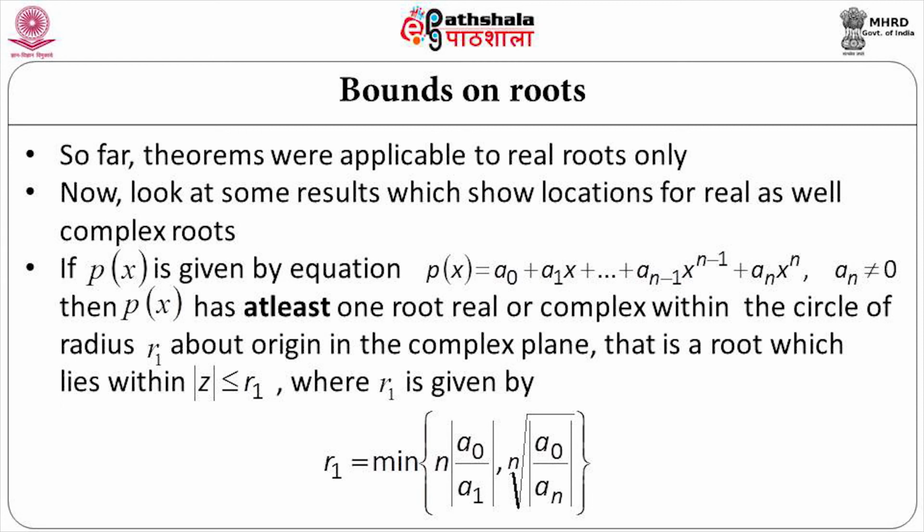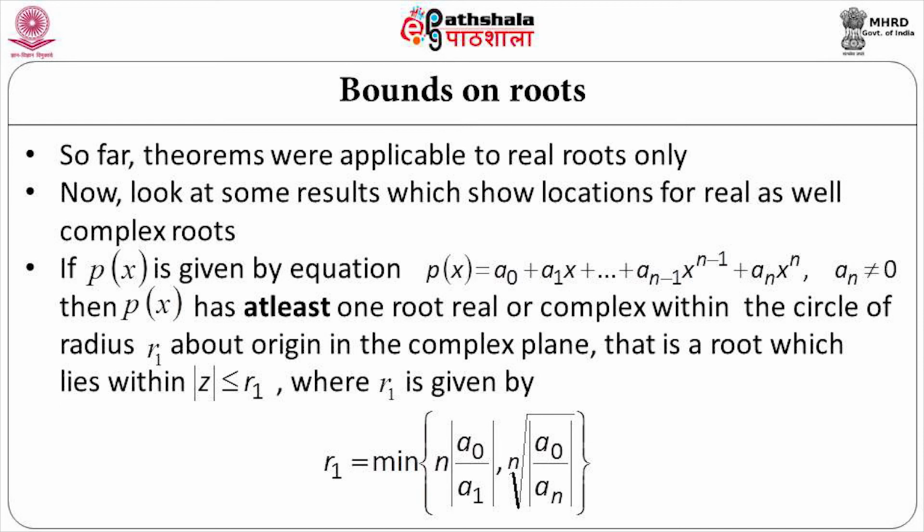If I join the origin to the complex number a plus ib, represented by the point (a, b), then the length of this line is the square root of a squared plus b squared. This is how we can say a complex number lies at such and such a distance from the origin, and this is how we will give the location of the complex roots.